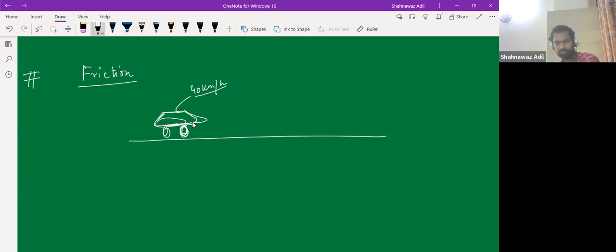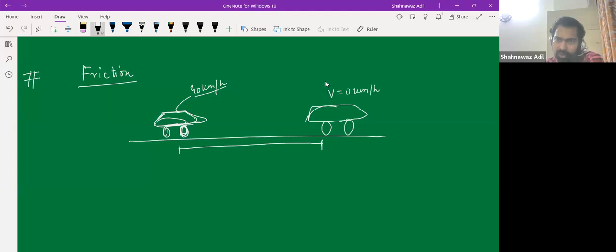It will go a little bit further, and let's say it will reach here and stop. At this place, it moved this much, and then the speed becomes 0.